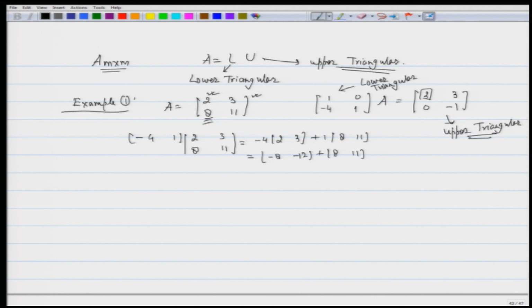But I did not want it as lower triangular times A, I wanted A to be in terms of lower and upper triangular. So, I would like to take the inverse of this matrix. So, I want to compute the inverse of 1 0 minus 4 1. So, the inverse of this matrix will be 1 and 1 itself, fine.